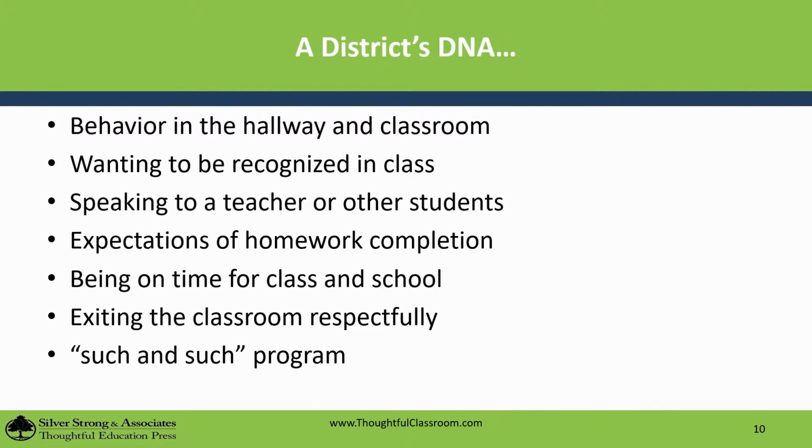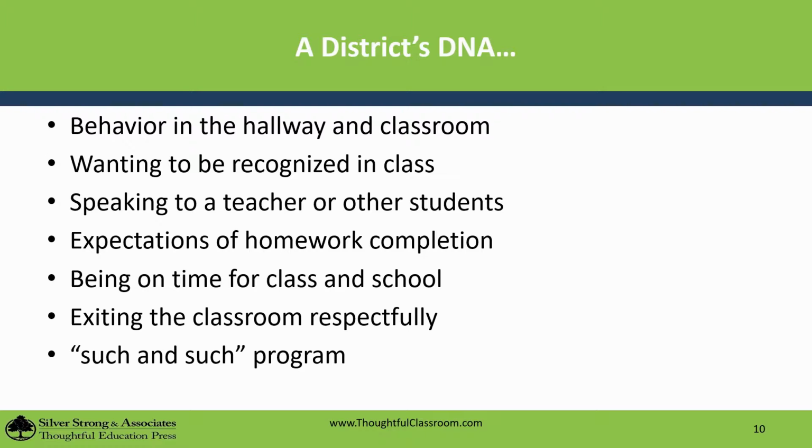You know, a district's DNA can be seen in a lot of different ways. The behavior in the classroom, the expectations. How we exit the classroom might be emphasized in every classroom or every situation in which a student or students are with teachers.